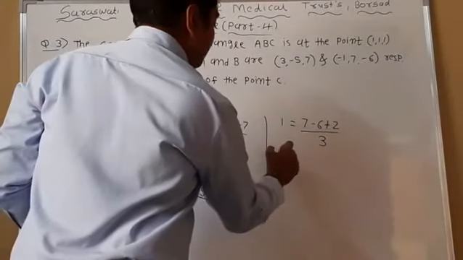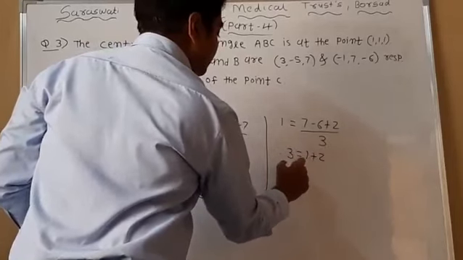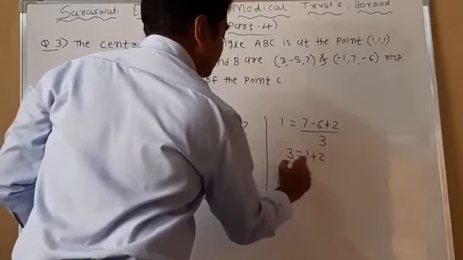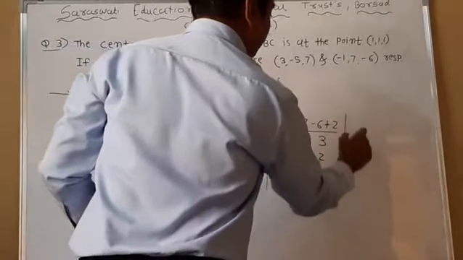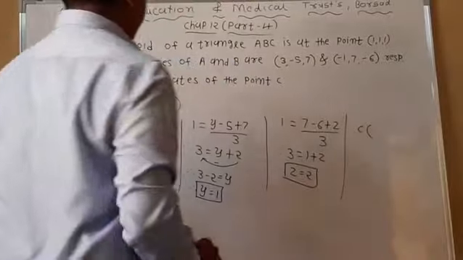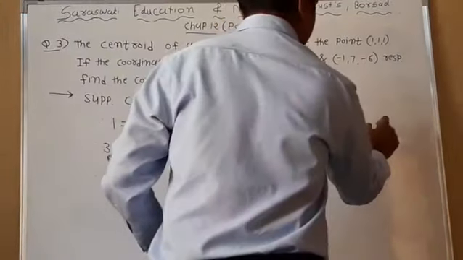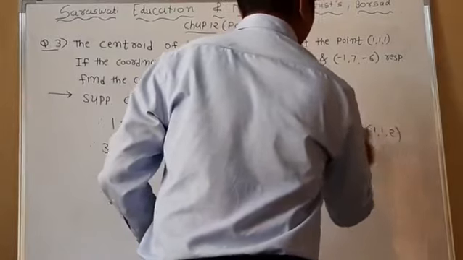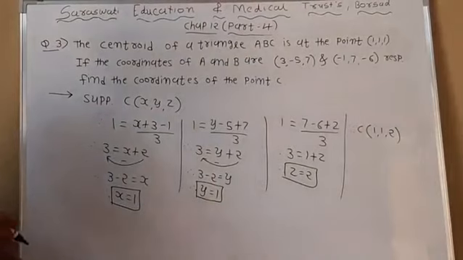In the same way, 3 is equal to 1 + z, so z is equal to 2. Therefore the C coordinates (x, y, z) are (1, 1, 2). So we get C as (1, 1, 2).